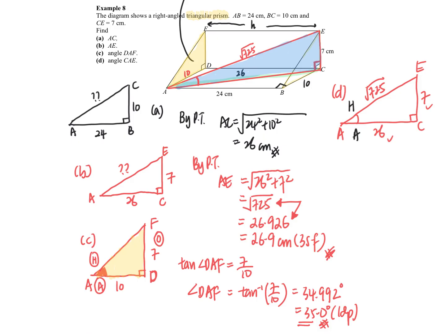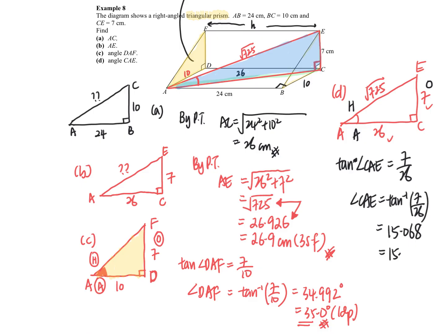So opposite over adjacent, so again it's a tangent. Tangent CAE, so inverse. Of course you can use cosine, you can use sine. Just make sure the square root 725 is correct. So you just put it as square root. So this is 15.068, so 15.1.